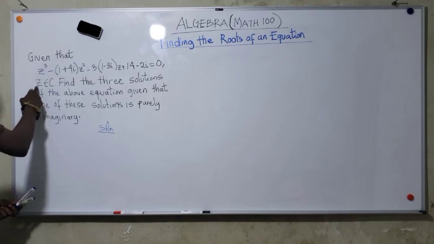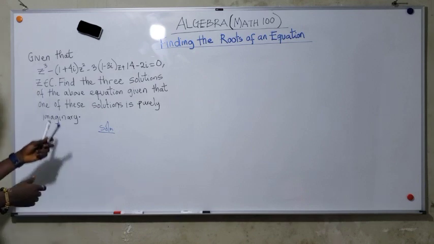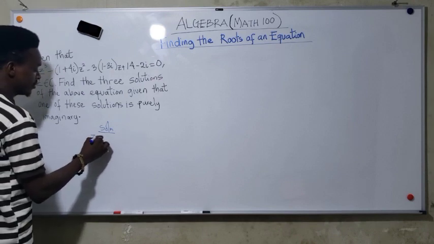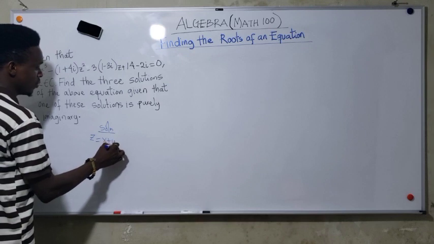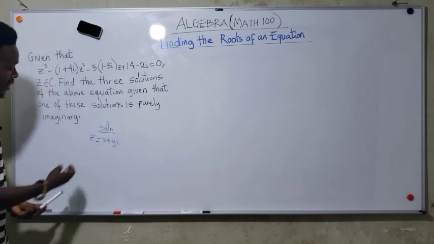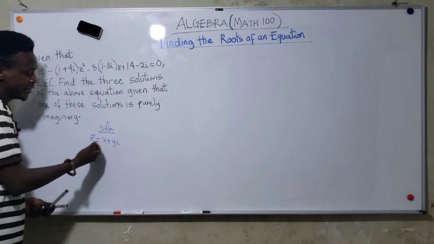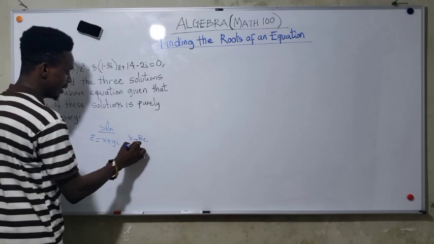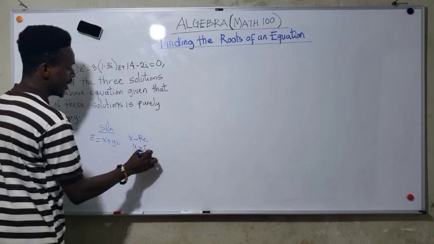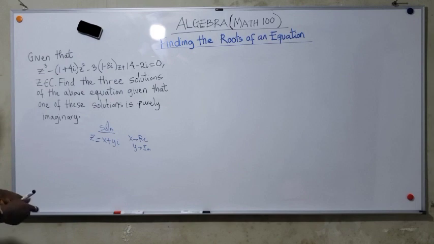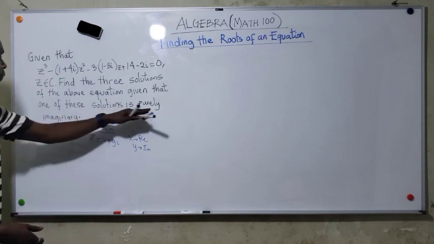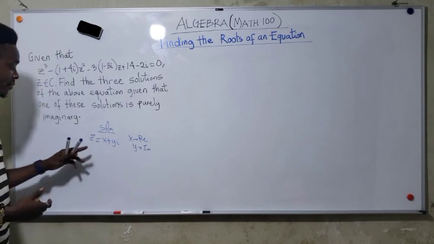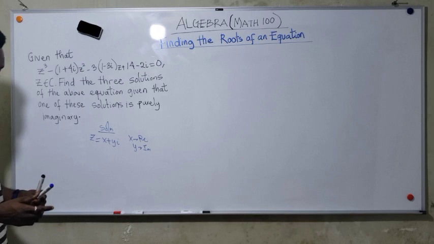The question says that z is an element of the complex numbers, meaning that z is equal to x plus yi, where x is a real number and y is the imaginary part. One of these solutions is purely imaginary, so if the solution is purely imaginary, the real part is 0.